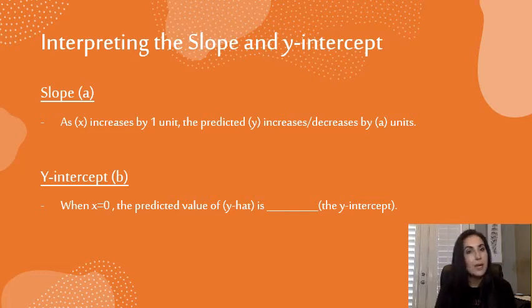When handspan is 0 centimeters, the predicted value of the height is 140 centimeters. That doesn't necessarily make sense, because whenever you have a handspan of 0, you don't expect a height to be 140 centimeters. It doesn't have a meaningful interpretation, which is totally fine as long as you understand how to interpret it and then know whether or not it's meaningful.